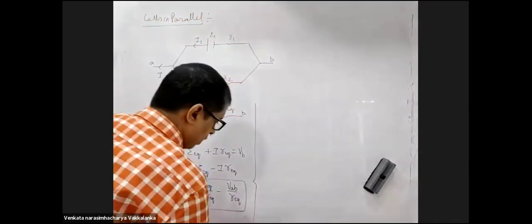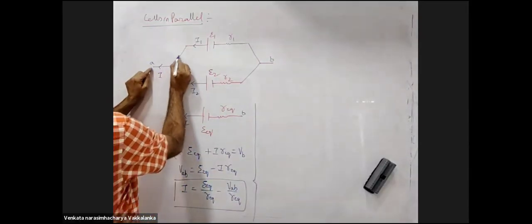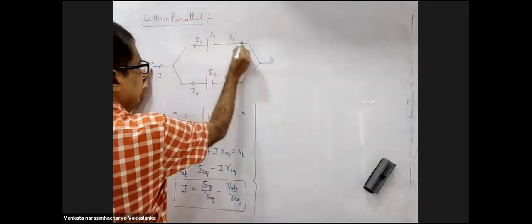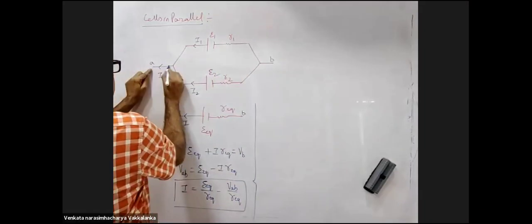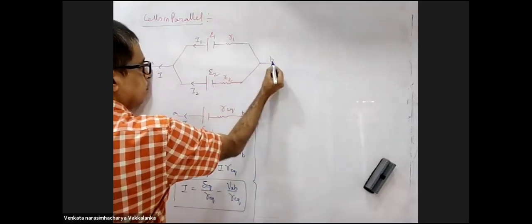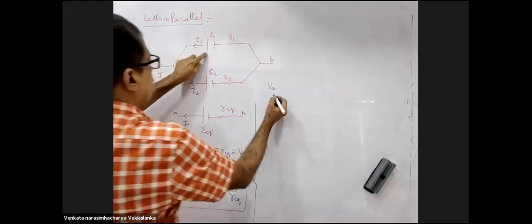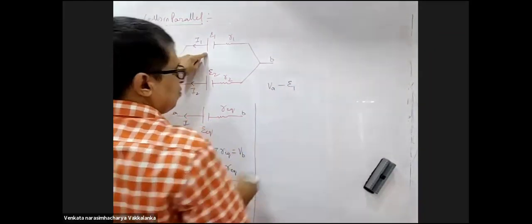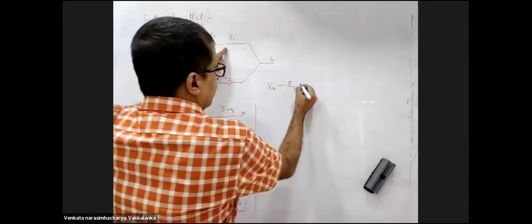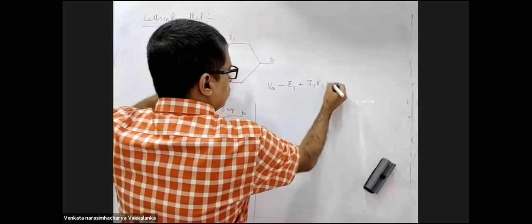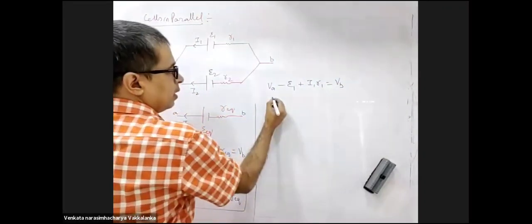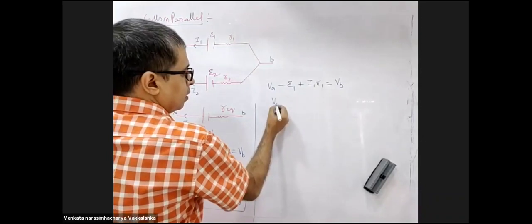If I were to replace this with one single battery, now apply KVL in this loop. See the movement of the marker. VA, you are touching the positive terminal first, minus E1 plus I1 R1 is VB.